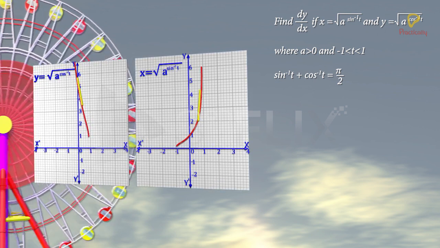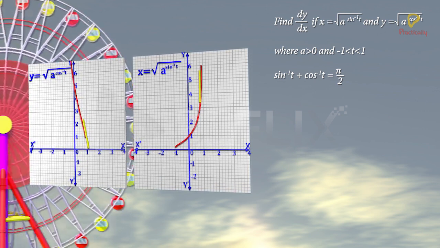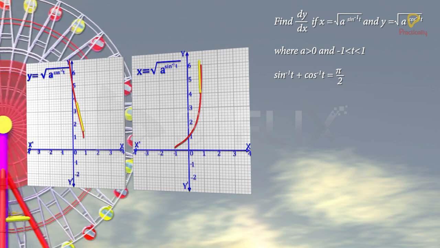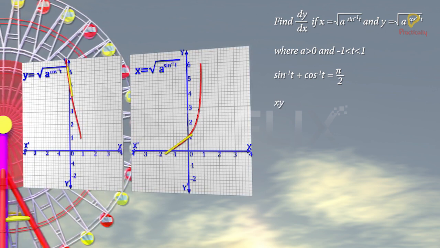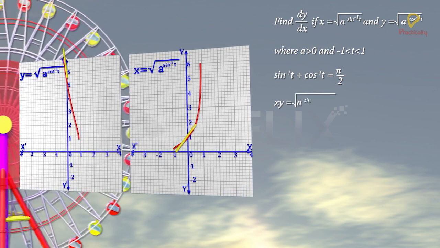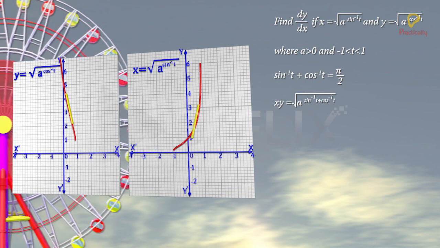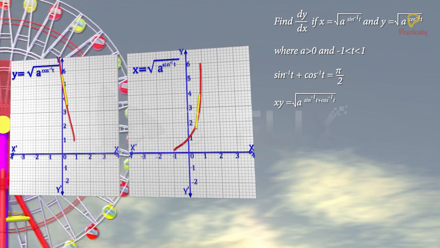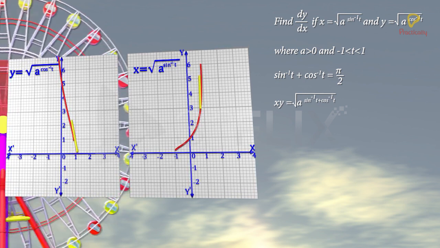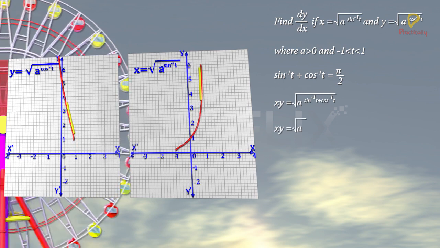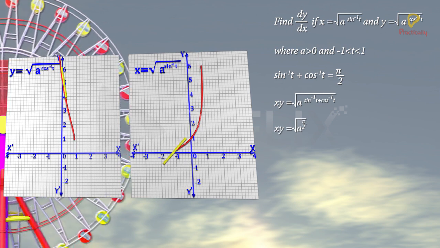So to get the sine inverse t plus cos inverse t term from the given equations, we need to multiply the equations x and y, so that we have x multiplied by y is equal to square root of a power sine inverse t plus cos inverse t. Now, substituting sine inverse t plus cos inverse t is equal to pi by 2, we get x multiplied by y is equal to square root a power pi by 2.